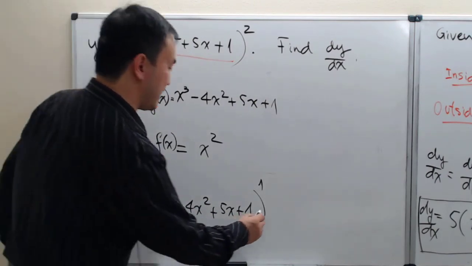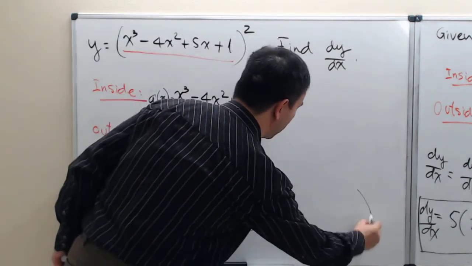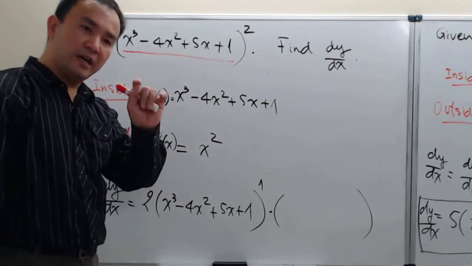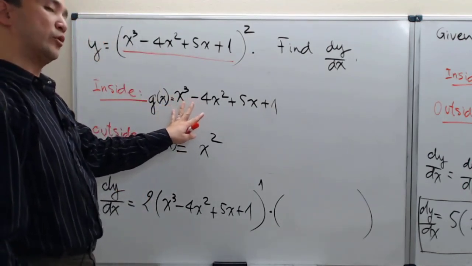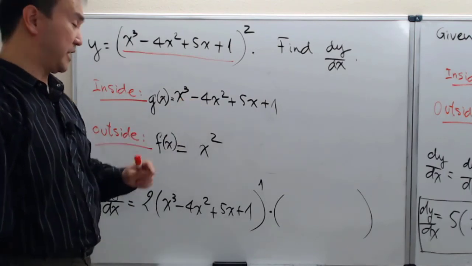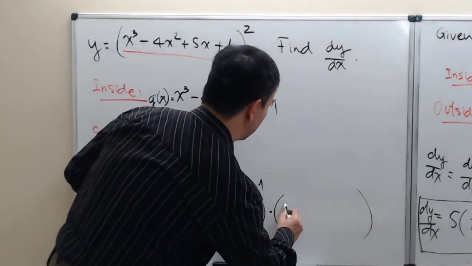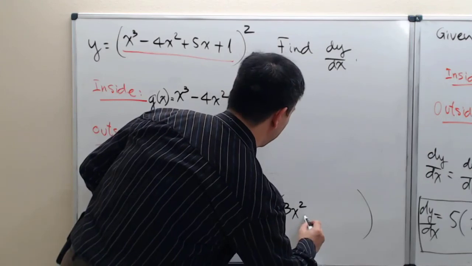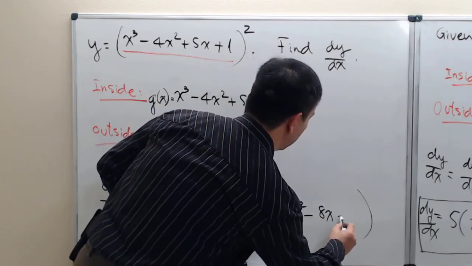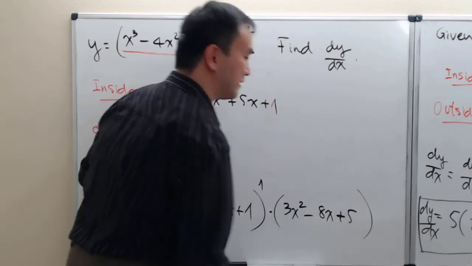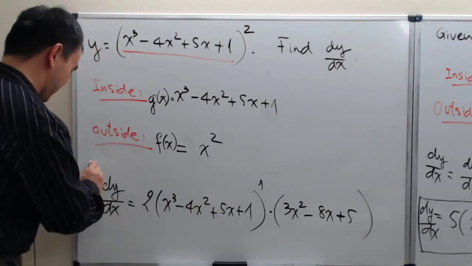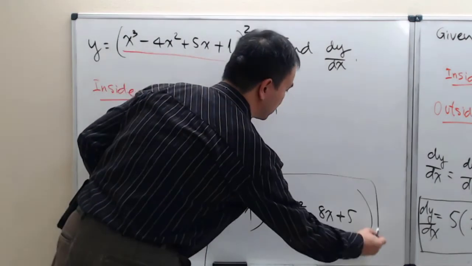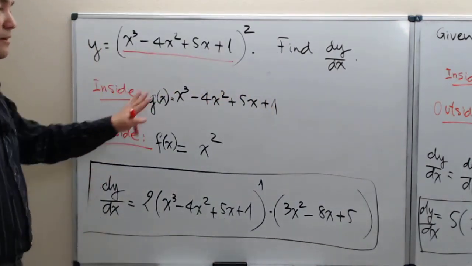Okay, and now I am going to multiply by the derivative of the inside function. So let's take the derivative of g right here, g prime. So now I'm looking at 3x squared minus 8x plus 5. Okay, and we don't need to FOIL out to verify anything, but this is our final successful derivative of something like this.